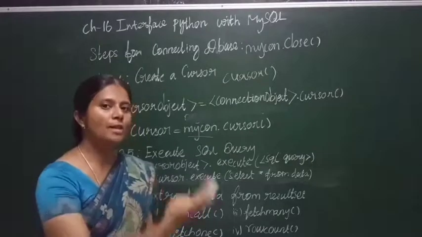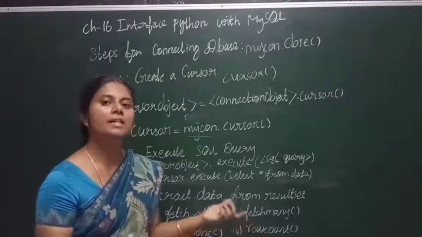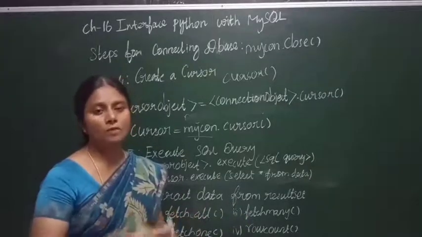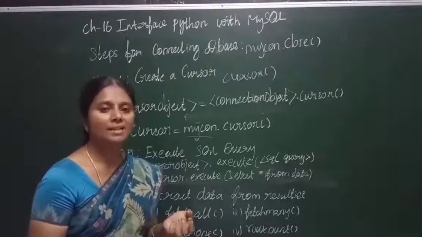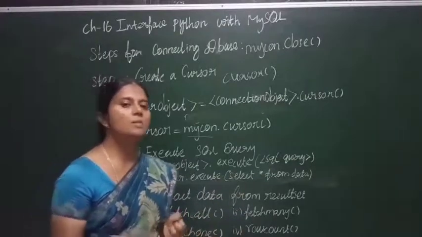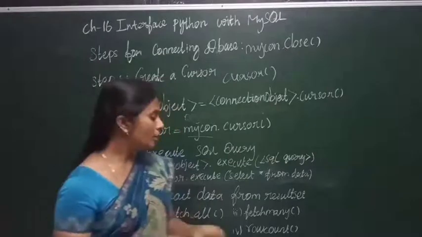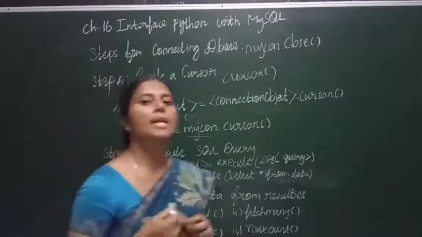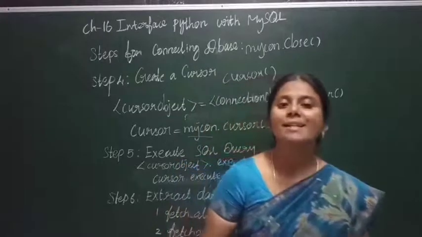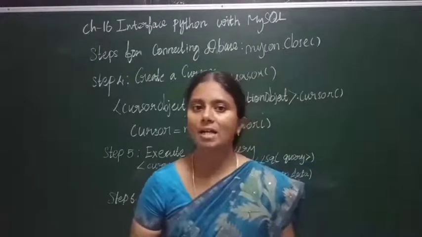If there is no record in the database, it will return none value. Fetch many will fetch multiple records. If there are no multiple records in the database, it will return none value. And row count is a property of the cursor object. It will display the count of the rows retrieved from the database.